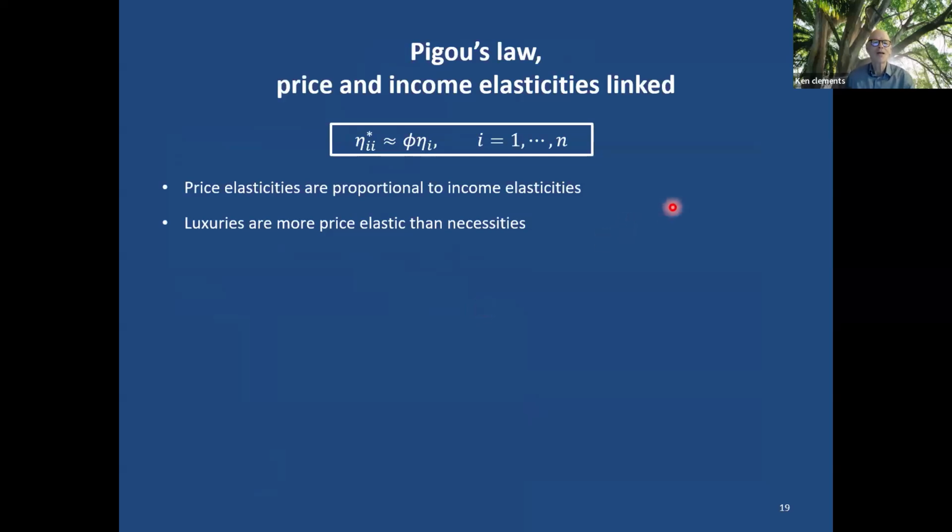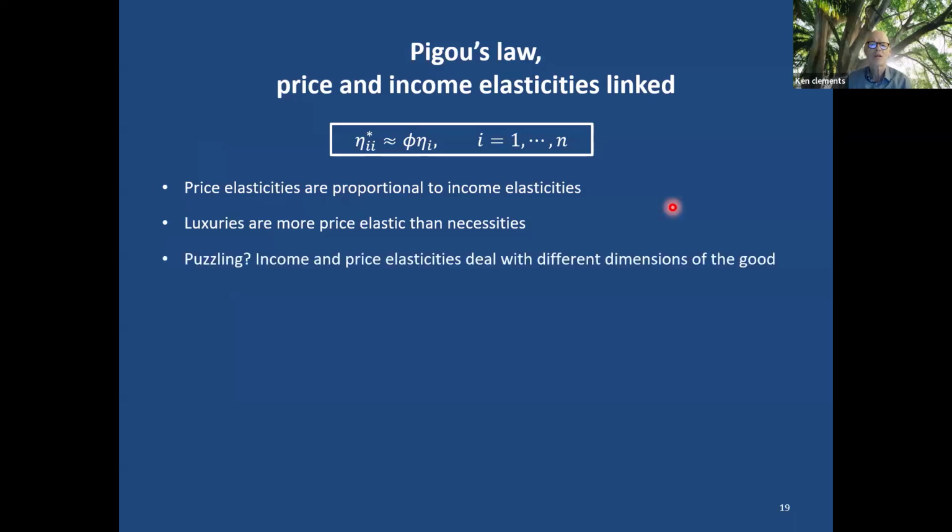So Pigou's law, let's go back to that. Price elasticities are approximately proportional to the corresponding income elasticities. So luxuries are more price elastic than are necessities. Now, this may seem troubling when we first think about this, rather at length, because the two elasticities deal with different dimensions of the good.